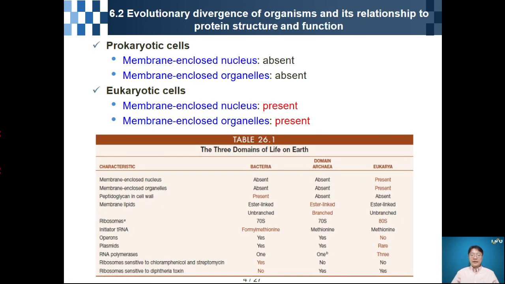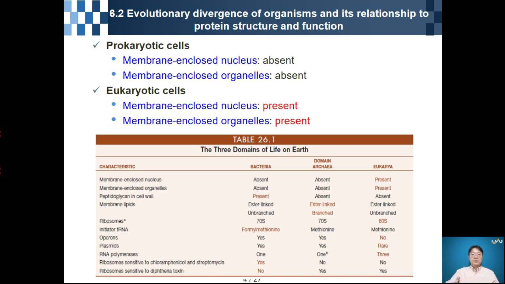So in this slide, I will explain the second subject, evolutionary divergence of organisms and its relationship to protein structure and function. There are 2 different cell types: one is the prokaryotic cell, the other is the eukaryotic cell.